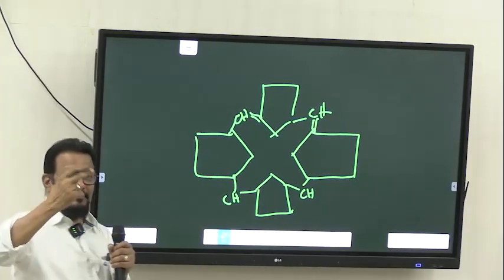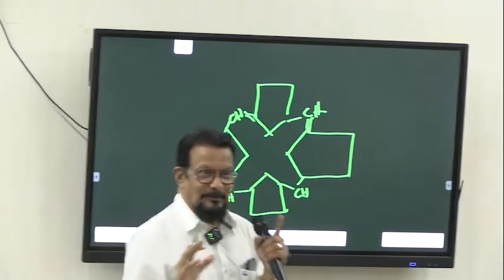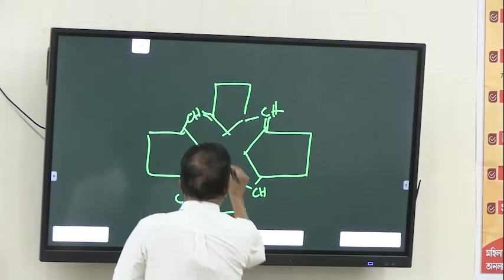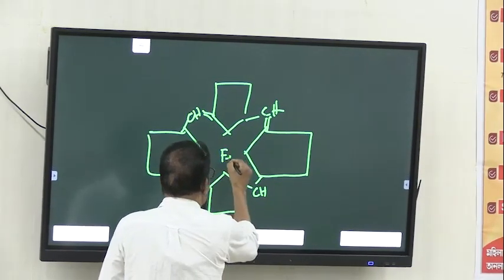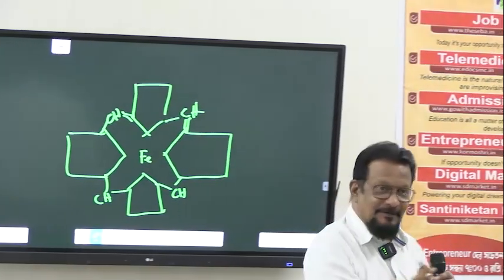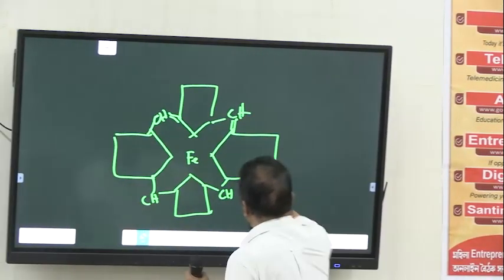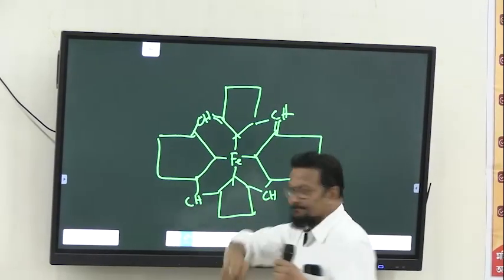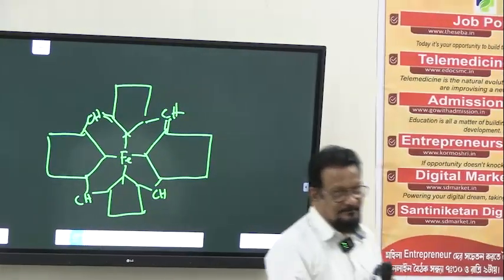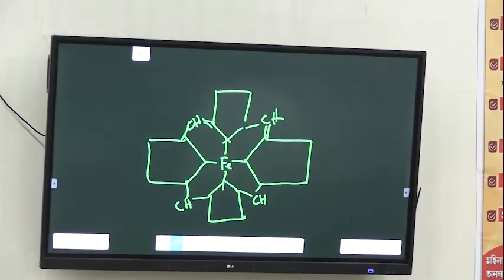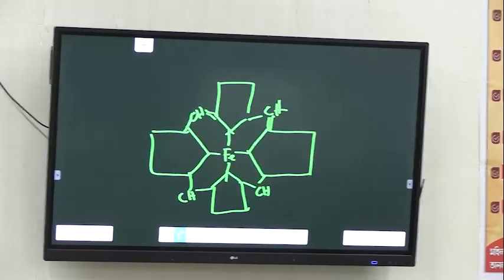So now these pyrrole rings are attached to one another. Here is the iron. We know heme contains iron. So they are linked to each pyrrole ring by 4 valences. It may be there in exam. I don't know.